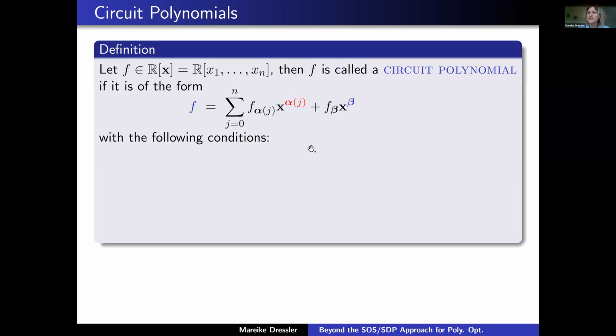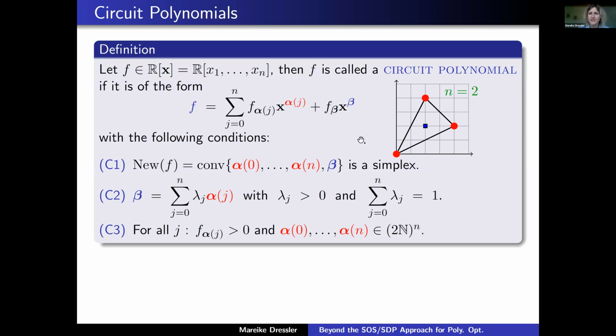It is very sparse in the sense that it has only n+2 terms. And we separate the last term. So here are n+1 terms, and here is the n+2 term. And this polynomial satisfies certain conditions that I will explain by means of this picture.